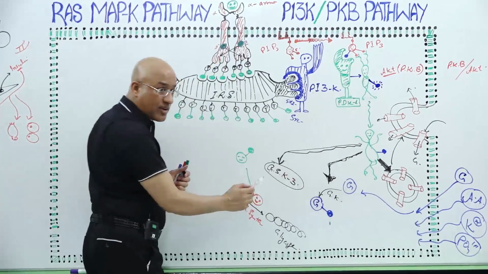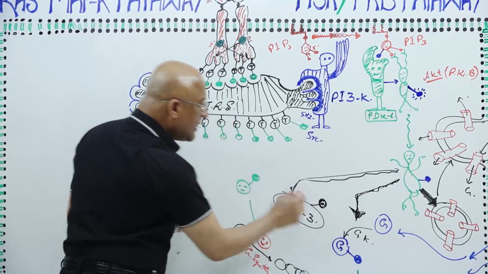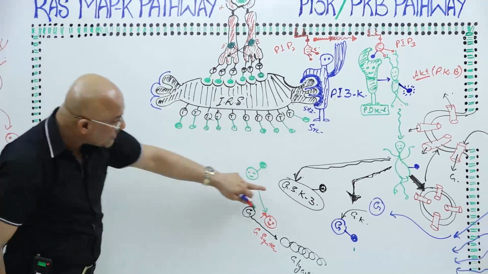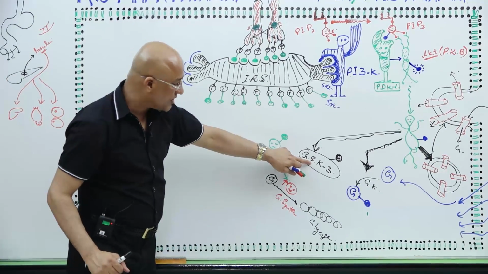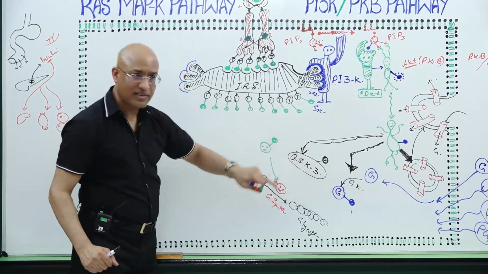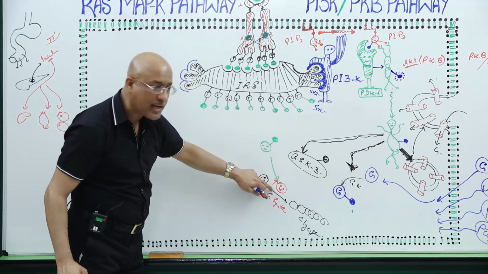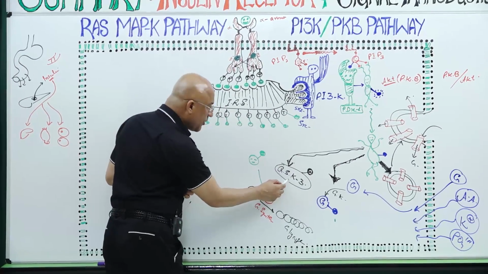What happened? GSK3, come back to this. Akt, or protein kinase B, will phosphorylate GSK3. Now, what is the function of GSK3? This is glycogen synthase, and this is glycogen synthase kinase, so it does the kinase activity over here.